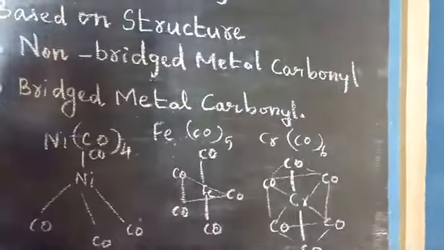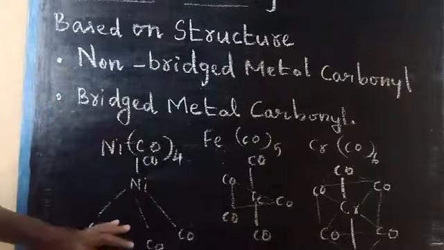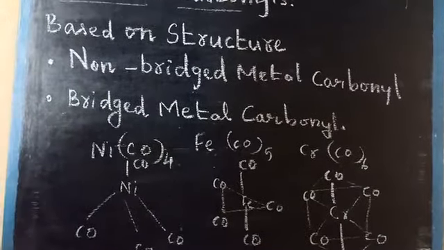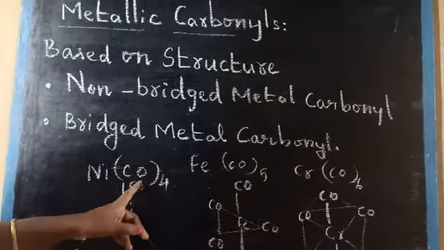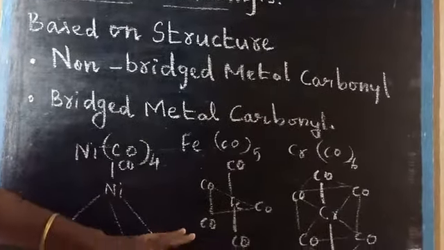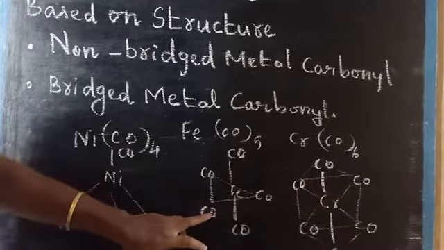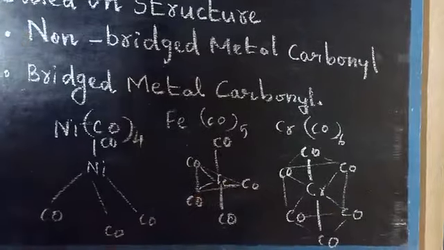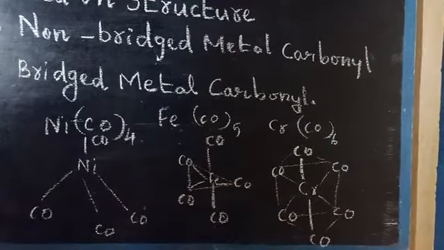So it is an octahedral complex. Here there are no bridges, so non-bridged metal carbonyls. This is the terminal carbonyl group, present at the terminal position. That is, the CO group is attached to one metal, and that is denoted as a terminal carbonyl group.